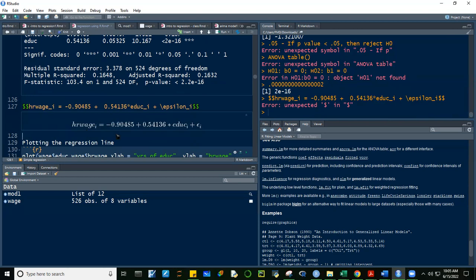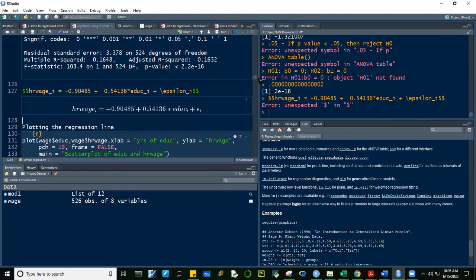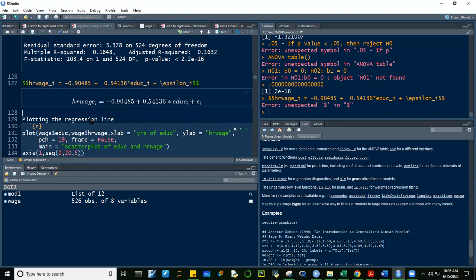Our hourly wage is equal to your intercept, negative 0.90485, plus the coefficient of your predictor, and then times education, plus a certain error term. Okay, let's invest some minutes on discussing this.